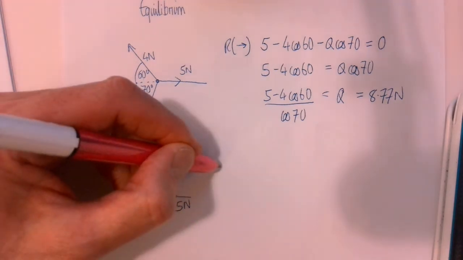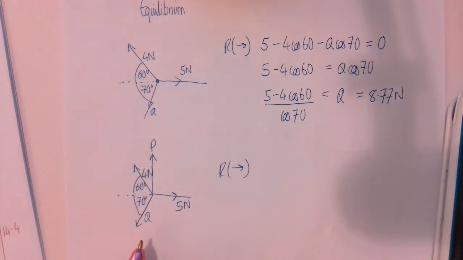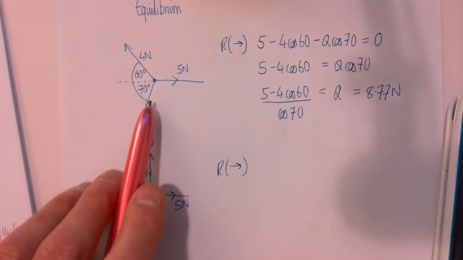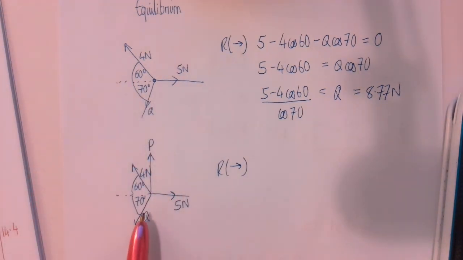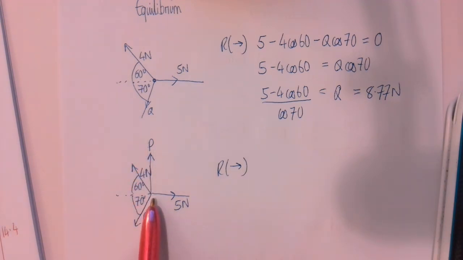So resolving horizontally, my situation is going to be exactly the same as it was up here. If I were to resolve horizontally, this force would have no effect. So I've got 5 newtons going that way minus 4 cos 60 and Q cos 70. So horizontally I'd get the same answer here.